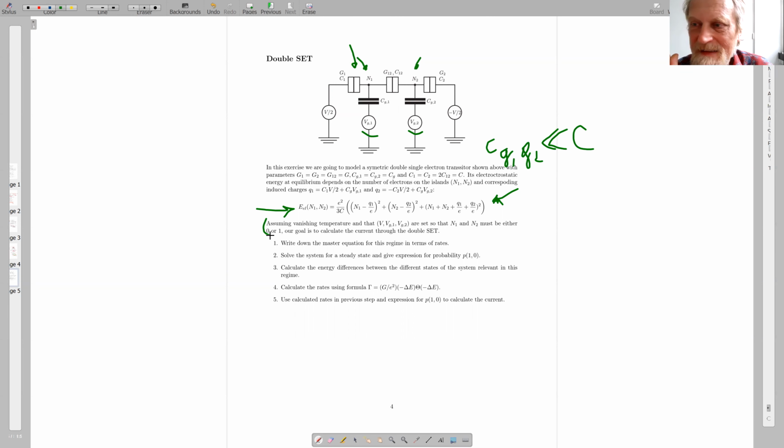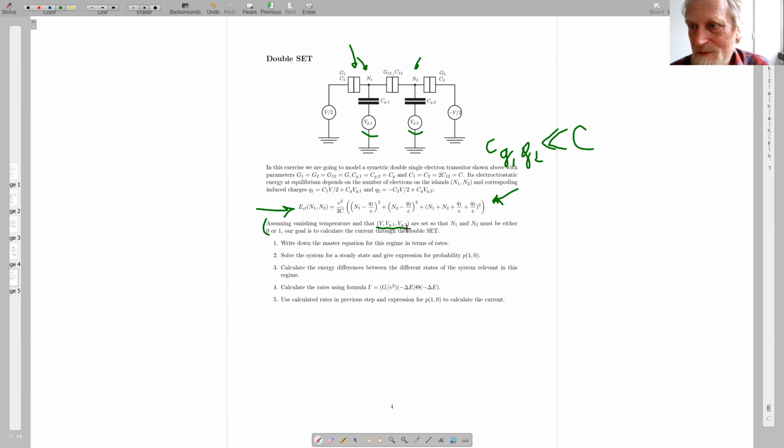To understand what the eventual conditions on V gate 1, V gate 2 are, one has to do some work, which is in principle simple work, but rather tedious.